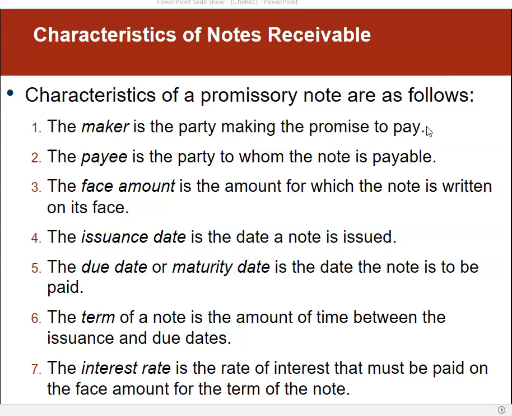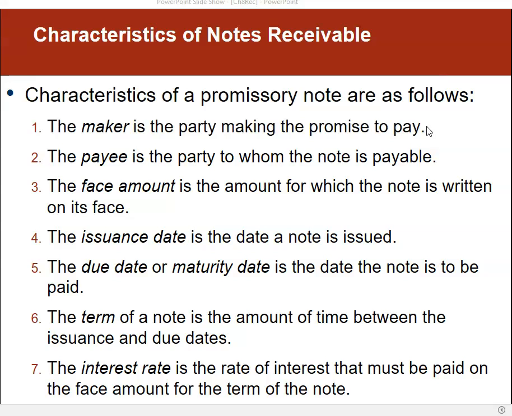And that's something that we probably need to understand: when we say that someone issues a note receivable or issues a note, those types of things, we're talking about the maker, and we're talking about the borrower.